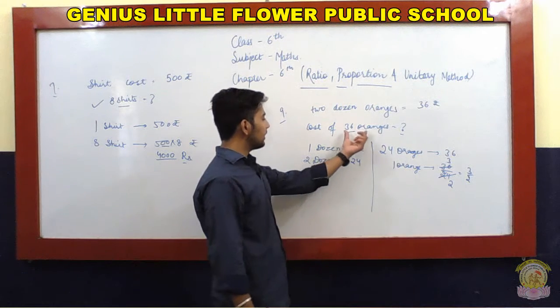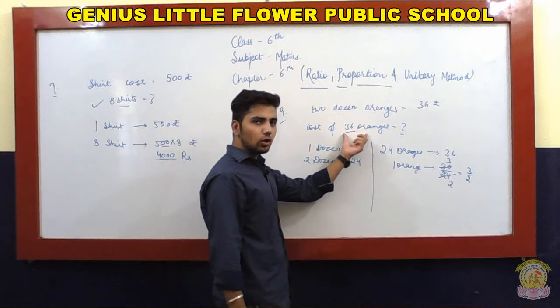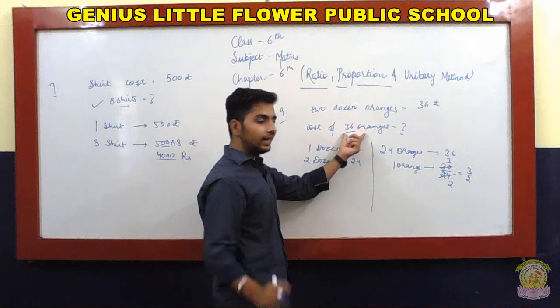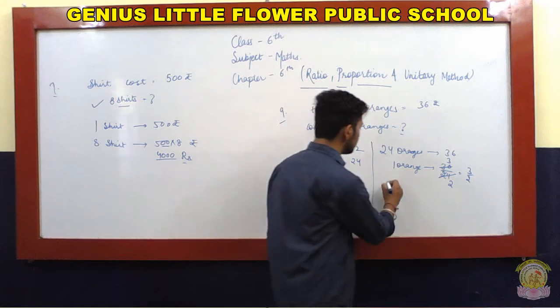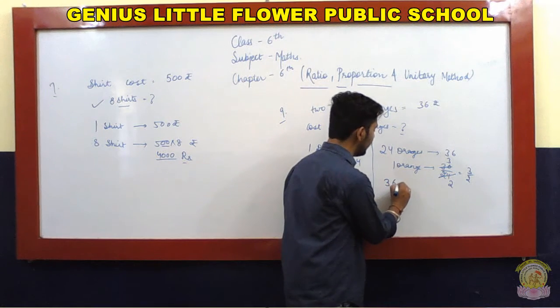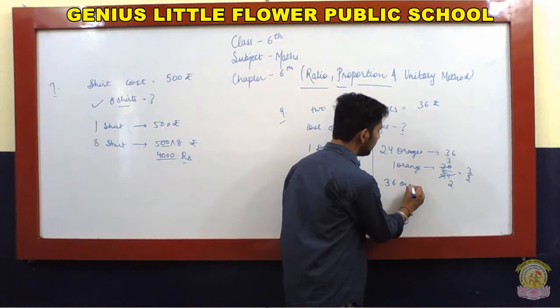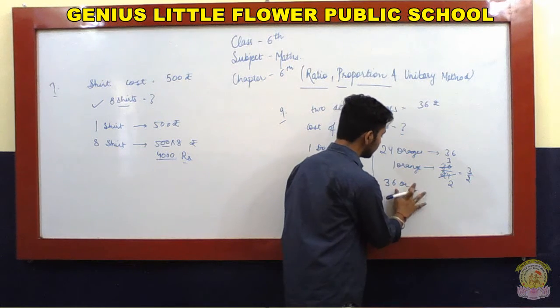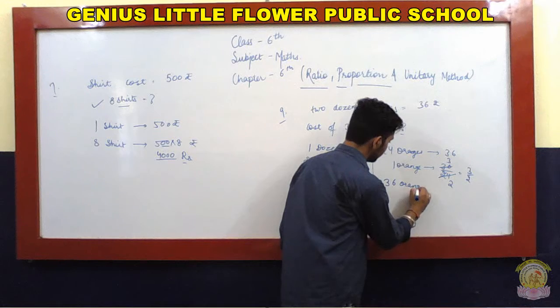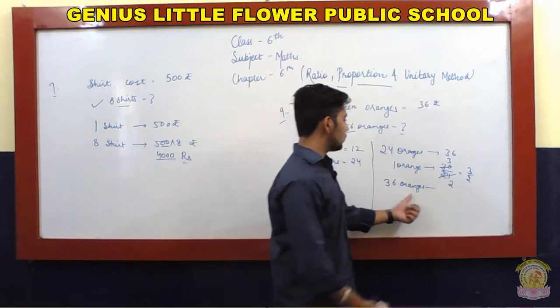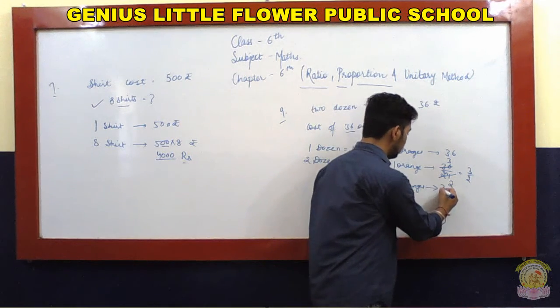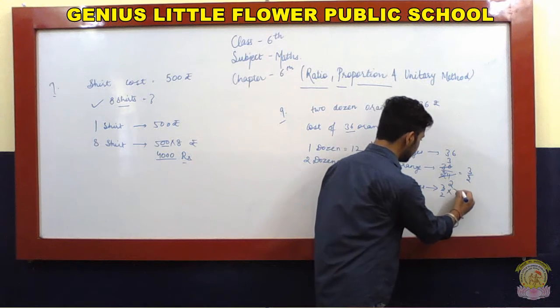So now we have to calculate the value of 36 oranges, that is 3 dozens. Okay, so for 36 oranges we multiply both sides by 36, है ना. तो 36 oranges cost 3 by 2 into 36, right?